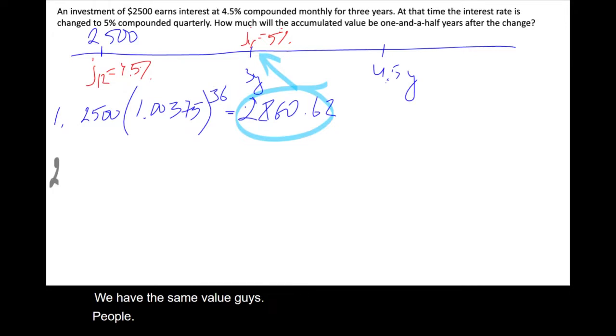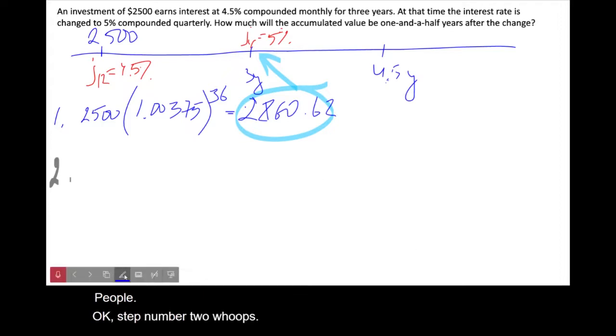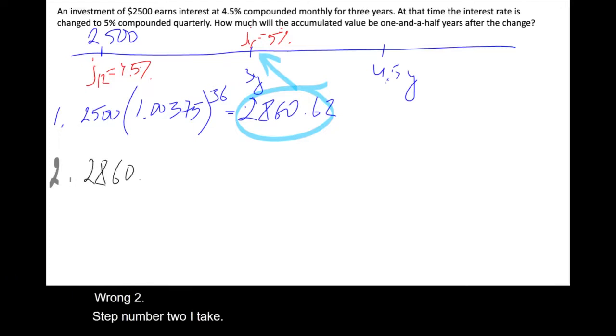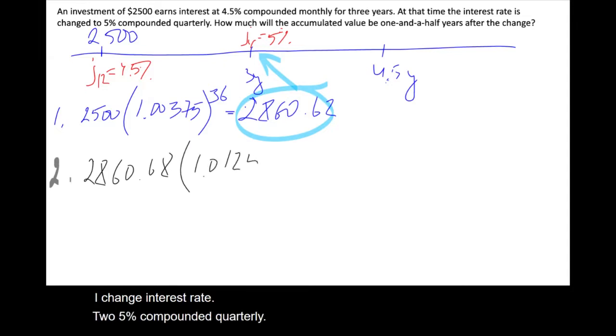Okay. Step number 2. Oops, wrong tool. Step number 2, I take that value I calculated. I change interest rate to 5% compounded quarterly. So 1.5 years, that's exponent 6.